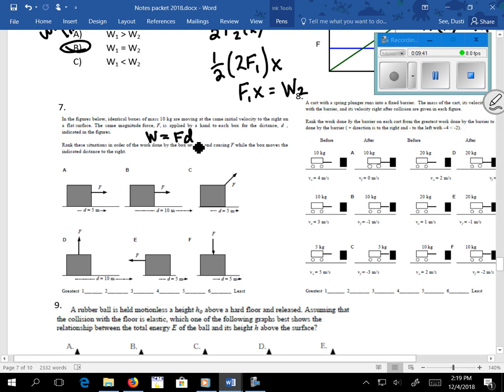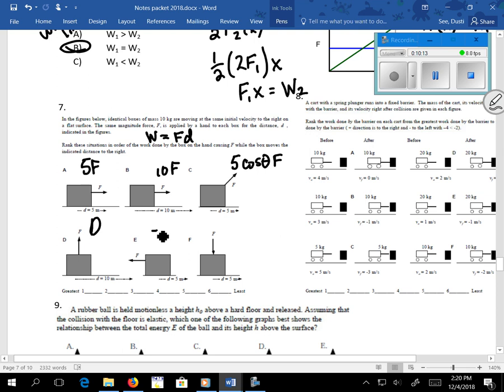So this one would be 5F. This one would be 10F. This one would be 5 cosine theta F. This one would be 0 because the F and the d are perpendicular to each other instead of parallel.